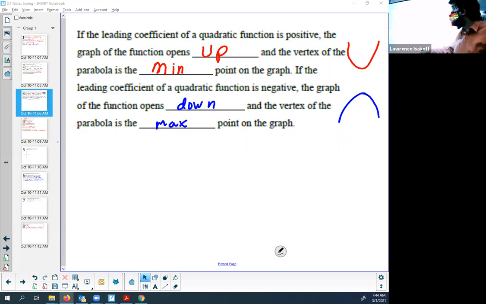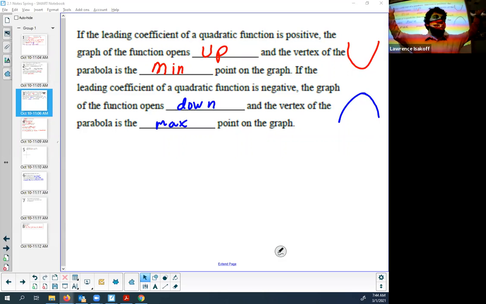And there we go. The leading coefficient of a quadratic function is positive. That means it opens upwards. If it opens upwards, it has a minimum. If it is negative, it is a downward facing U shape. Therefore, it will have a maximum.